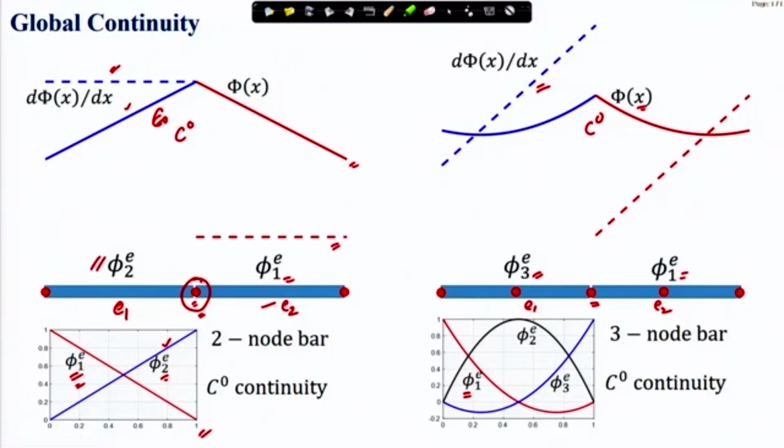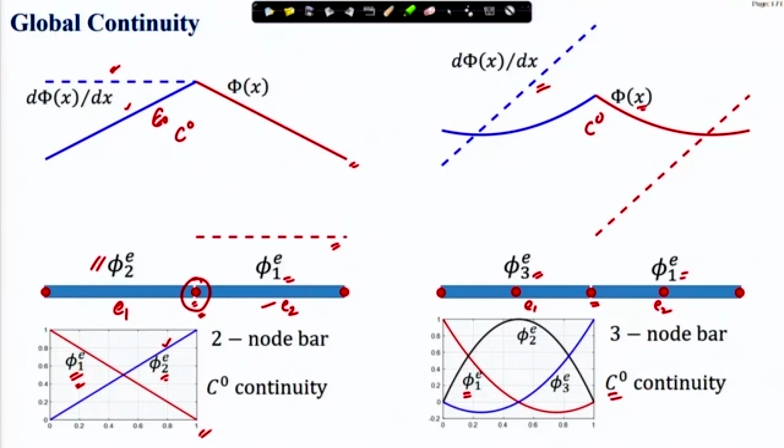But look, for the 2-node bar element our approximation within the element was linear. In the 3-node bar element, our approximation within the element was quadratic. That's absolutely fine, but when we look at the inter-element boundary, at the point where two elements connect, at that point the shape functions are all C0 continuous, right?